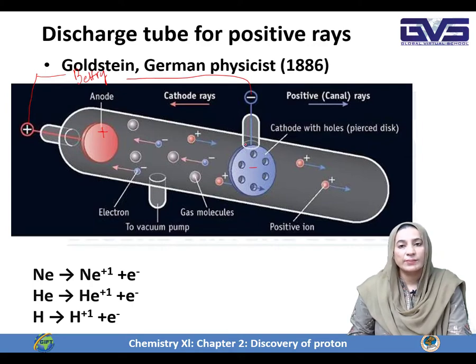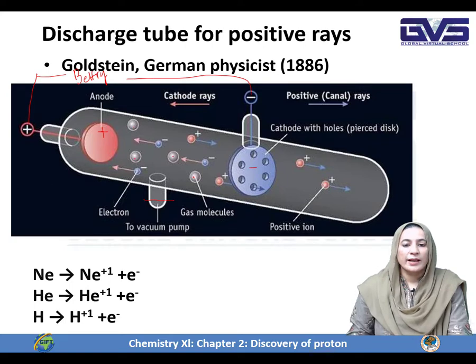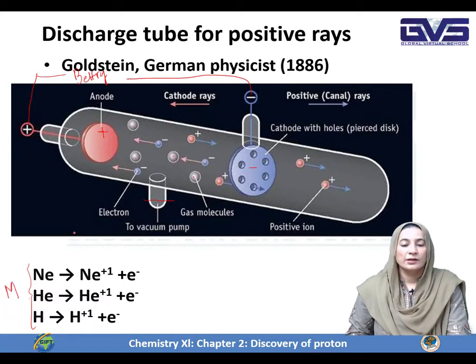Otherwise these are just metal plates. There is a vacuum pump to adjust the vacuum inside, and inside is the gas. These are the gas molecules; it can be neon, helium, or hydrogen, and generally I can write M, which stands for any type of gas inside.